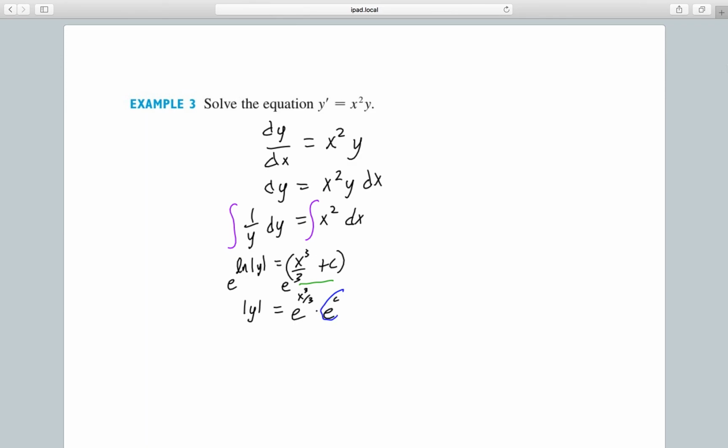But e to the c, that's a constant to the power of a constant, so it's still a constant. So let's just rename that. Let's say e to the c, we'll just call it another constant a. So absolute value of y equals a times e to the x cubed over 3.